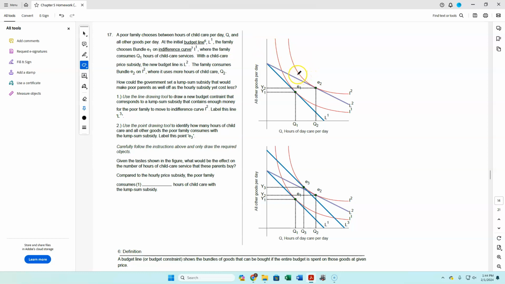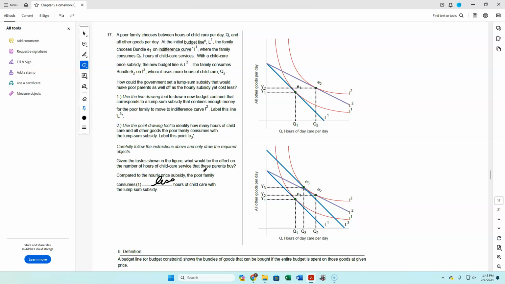They're going to use some of that subsidy for the other goods, and it's actually going to result, rather than subsidizing childcare, in the perverse or unintended effect that individuals would consume less childcare. Now, the question would be, well, I guess fewer, is what it's giving us as an option here. The question would be, well, why is that happening?